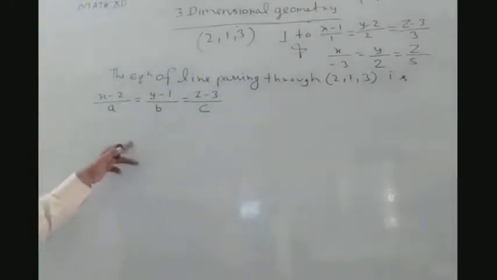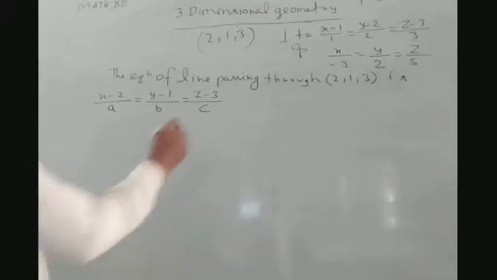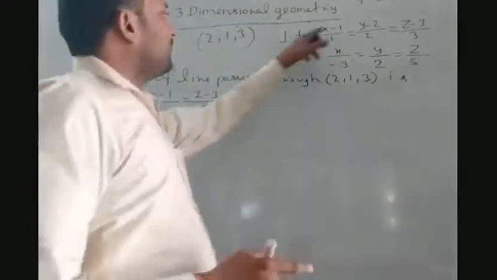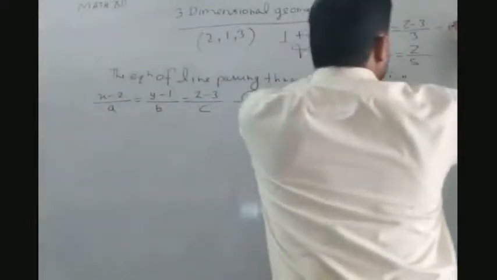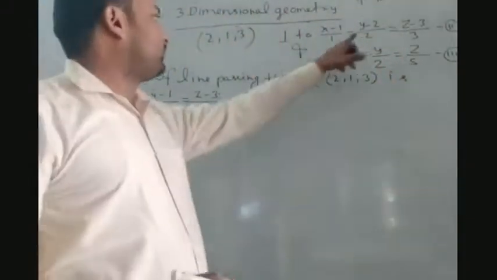This will be the equation of the line which is passing through 2, 1, 3. This is our equation number first, and this line is perpendicular to the second equation and the third equation.